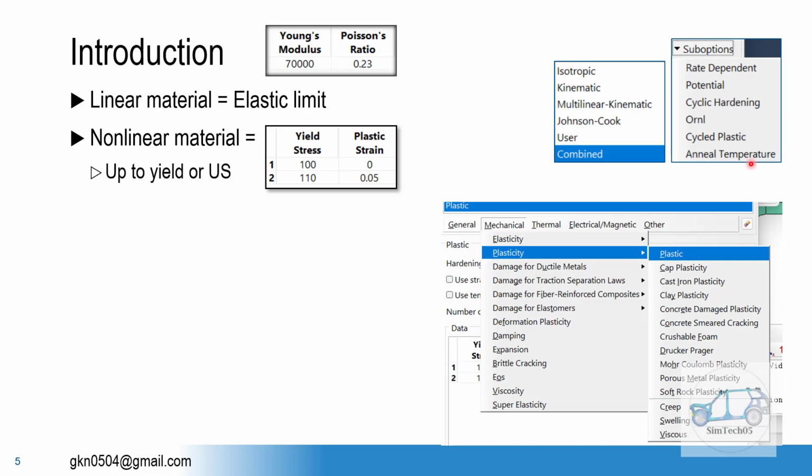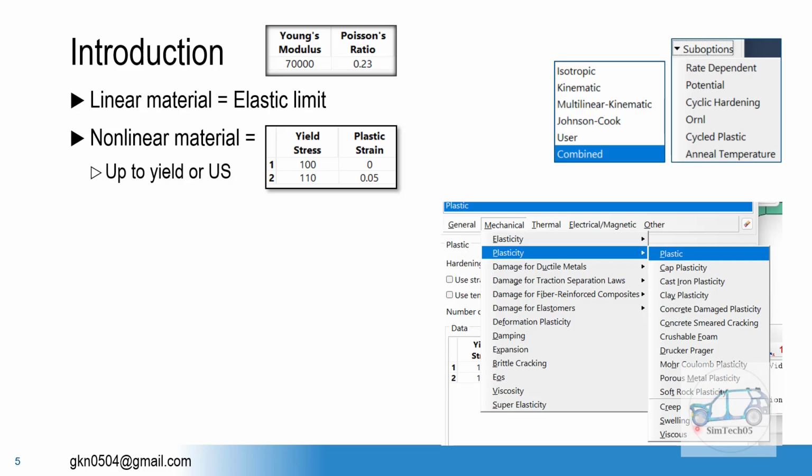But if we go for non-metals like concrete, we have especially concrete damage plasticity. Apart from that, we have Drucker-Prager for civil engineering, Mohr-Coulomb plasticity and soft rock plasticity, etc. For mechanical engineers, the classical plasticity, cast iron plasticity, and sometimes porous metal plasticity are important.